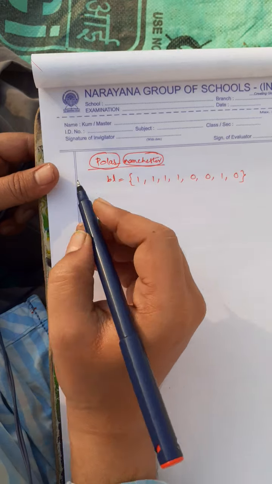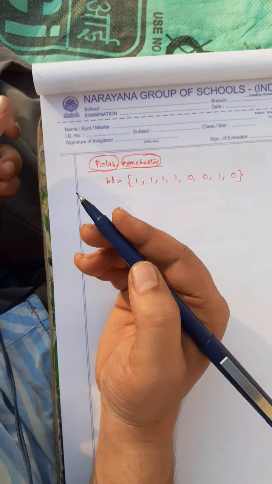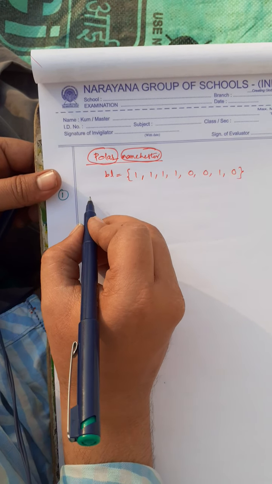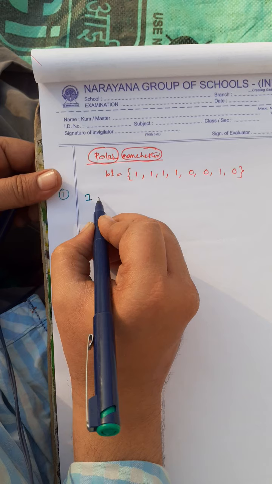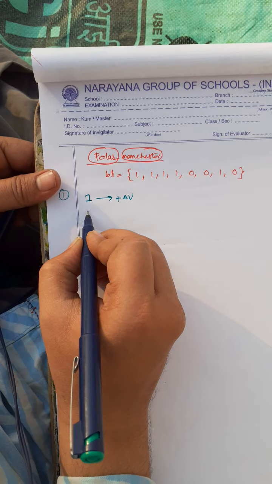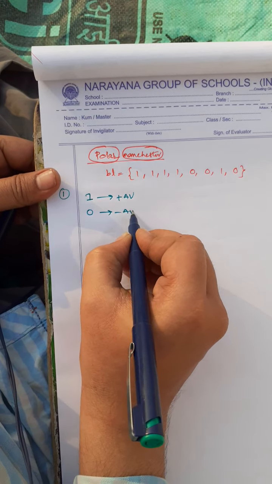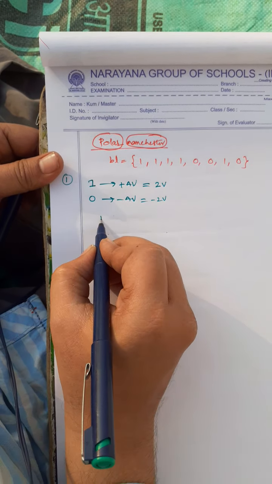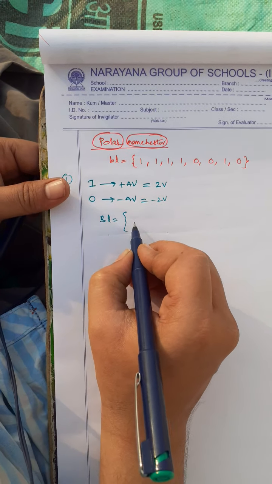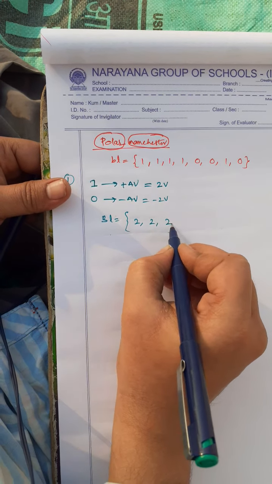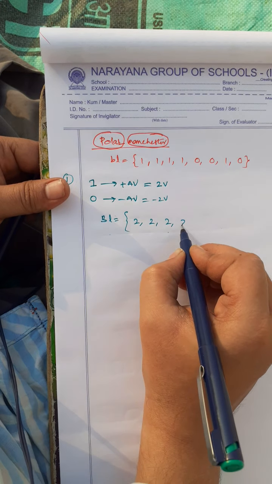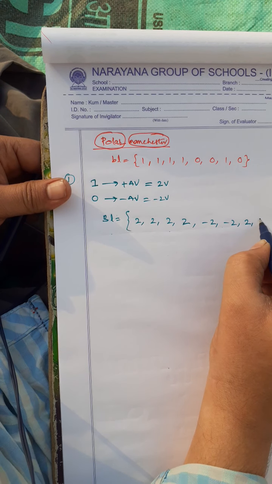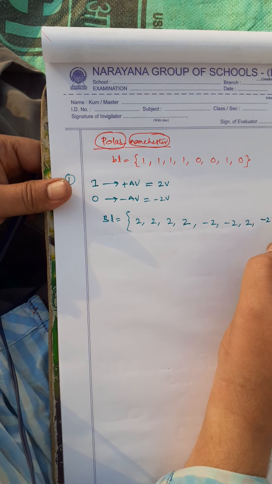Available pulse is Manchester. Okay. First, step 1, level mapping. So I want to directly map here. In polar, bit 1 will be represented by plus A volts, bit 0 will be represented by minus A volts. Voltage level is 2 volts here, minus 2 volts. So BL is equal to 2, 2, 2, 2, minus 2, minus 2, 2 and minus 2.